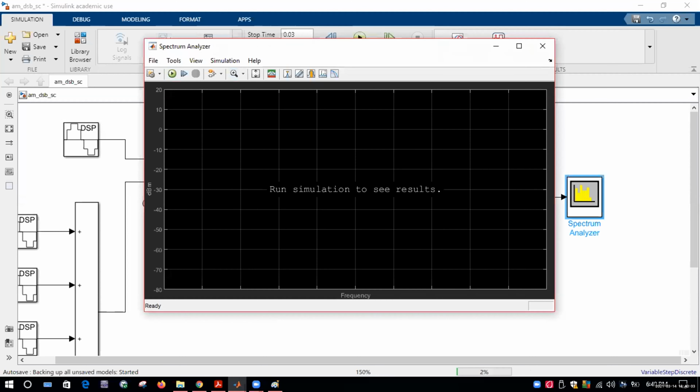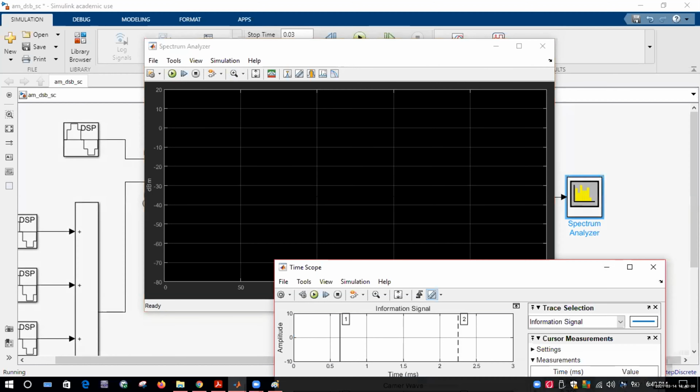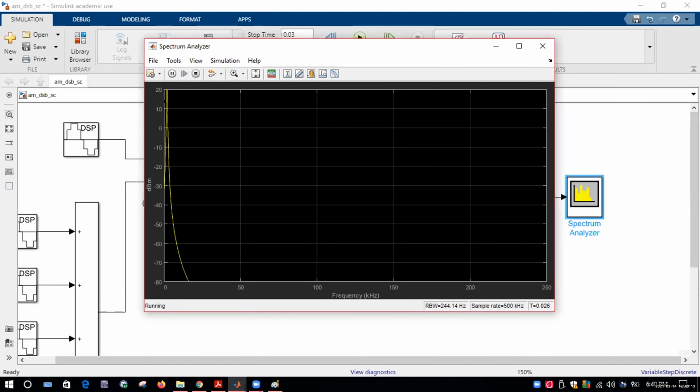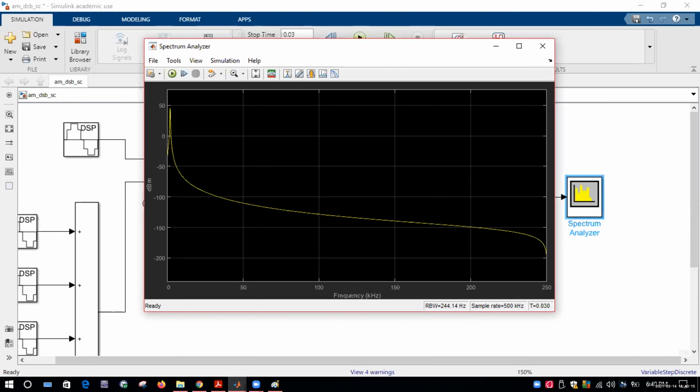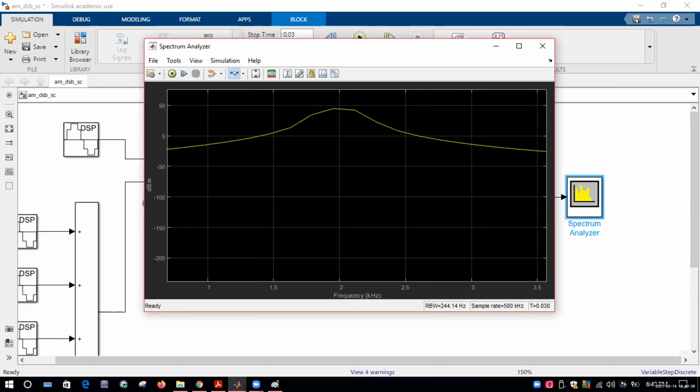And let's simulate it again. Now here you should be able to see the frequency of 2 kilohertz. You see here the highest peak. Watch. I'm going to expand it. What is the frequency now?